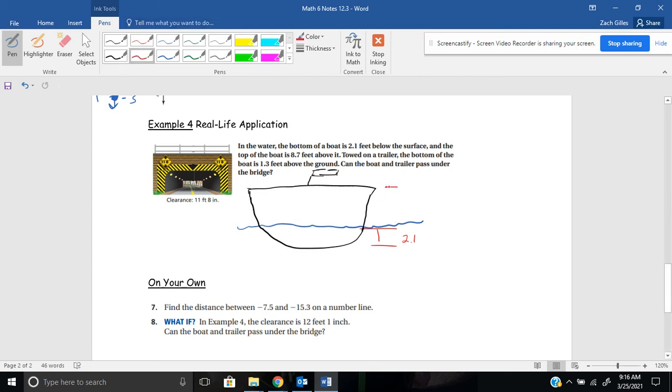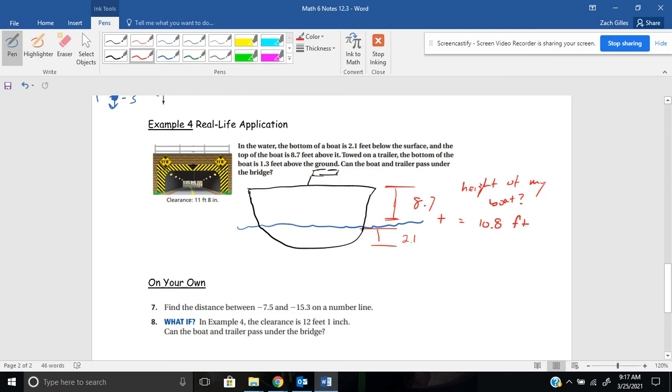The top of the boat is 8.7 feet above the water. So if I know that from the top to the water is 8.7 and from the water to the bottom is 2.1, what's the height of my boat? Well, it would just be these two numbers added together, which would give me 10.8. And let's see, that's feet, right?